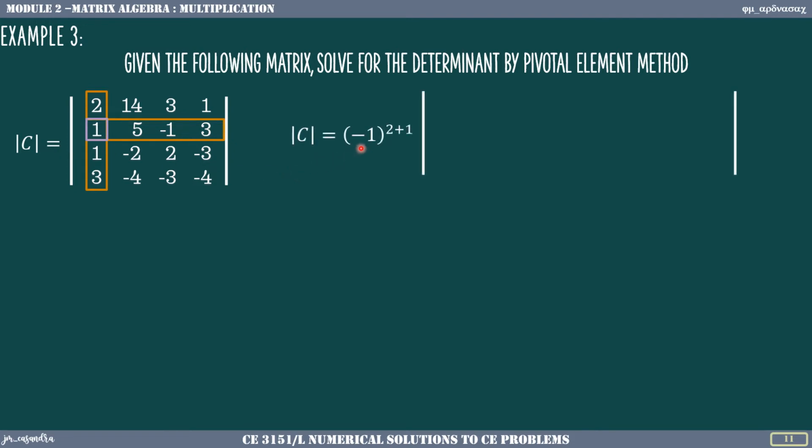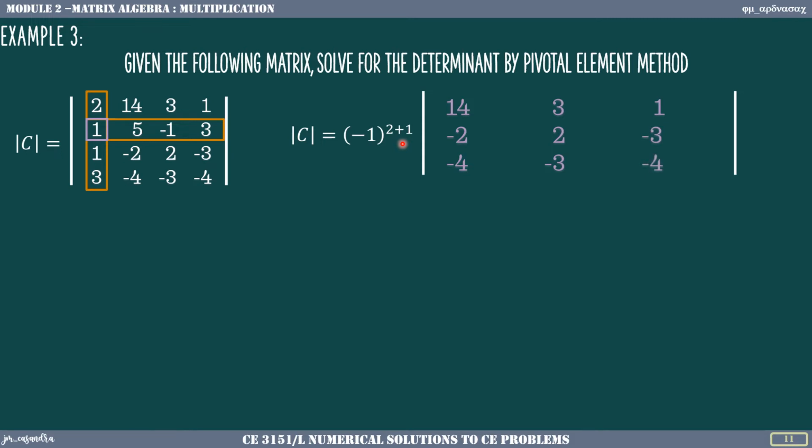So we'll have negative 1 raised to its position, 2 plus 1. And then we write its minor matrix. So we'll have 14, negative 2, negative 4, 3, 2, negative 3, 1, negative 3, negative 4.